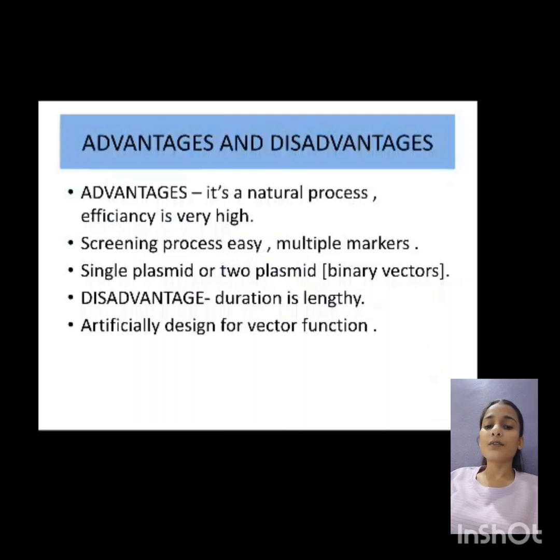We have to disarm the TI plasmid, because if we want to use it as a vector, we cannot use it directly since it contains the tumor genes. So we have to delete the genes responsible for the tumor, and then insert the gene of interest. We have to do it all artificially. That's the disadvantage, but the disadvantages are fewer and the advantages are more.